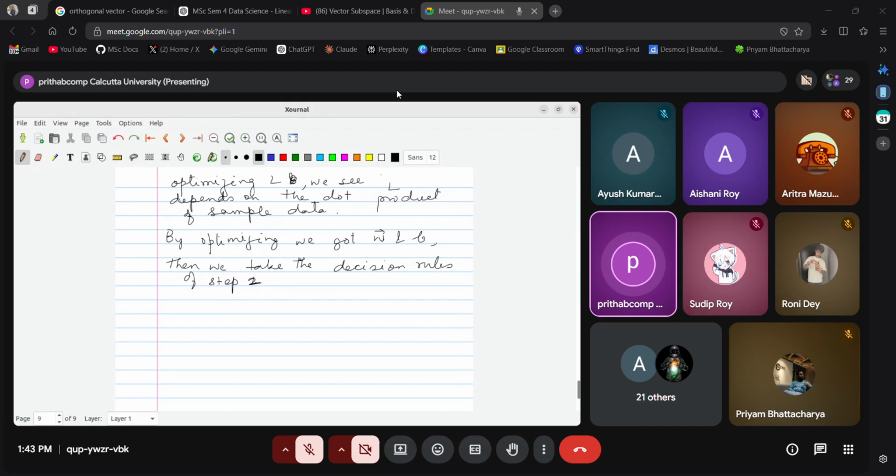I think step 1 it is. Yes, in step 1 we define the decision rule. Let me write it properly. Step 1, to identify a class for a new data point as follows.